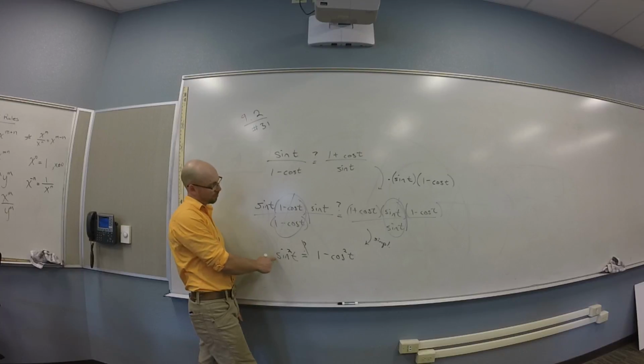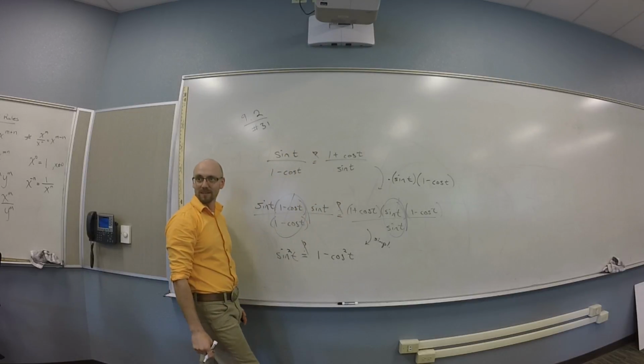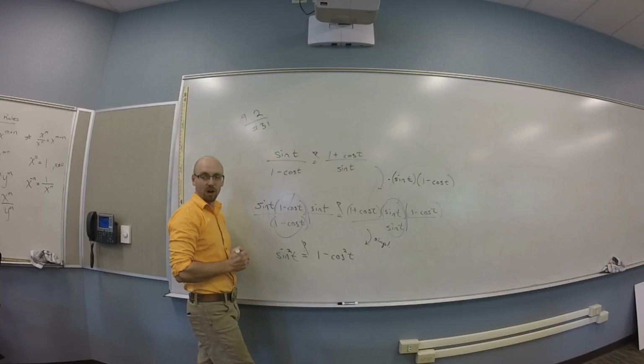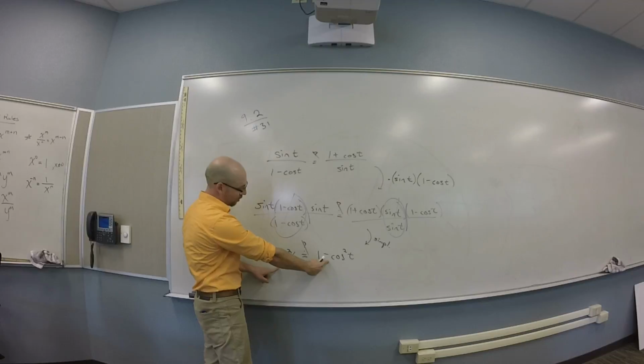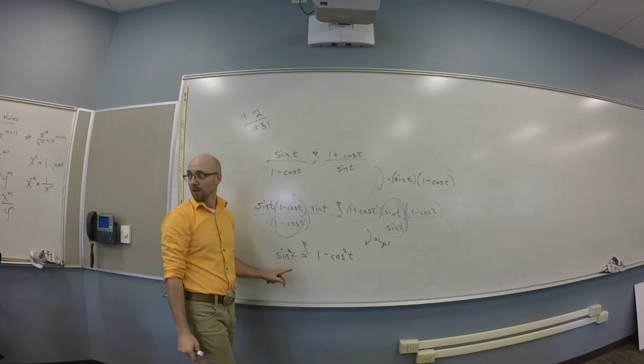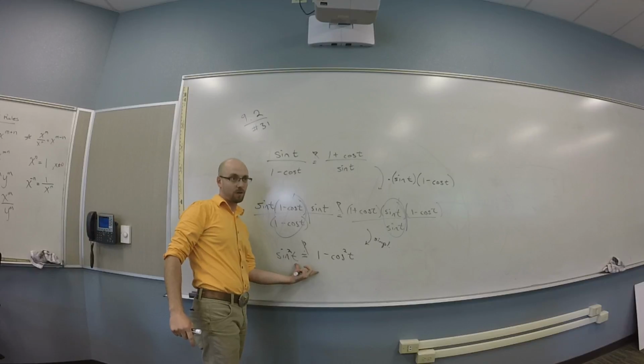So how do I show this? You should start with this thing, right? Okay, so why do I know this thing's true? Because of the Pythagorean identity. Yeah, that's the Pythagorean identity shifted around a little bit.